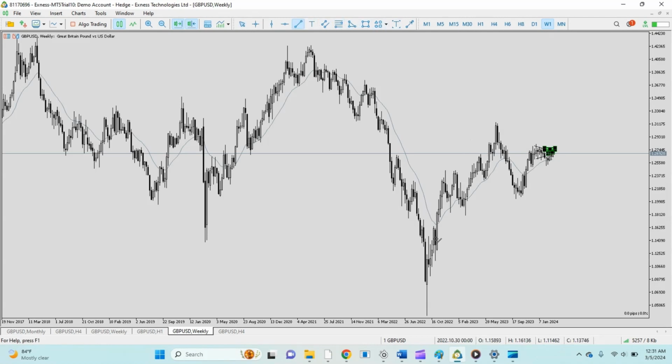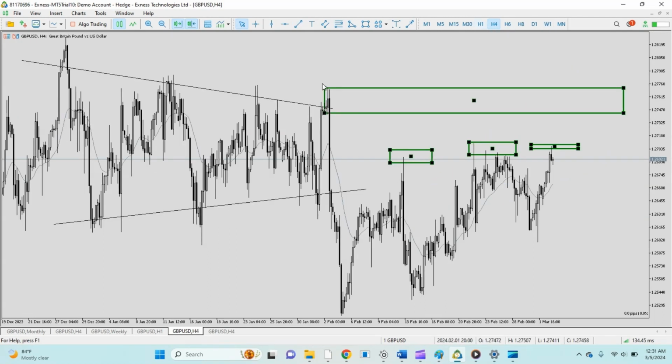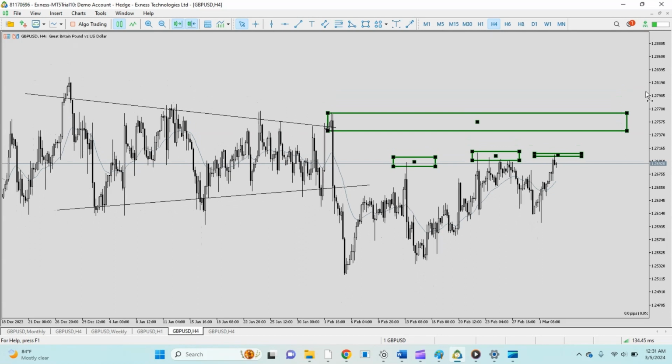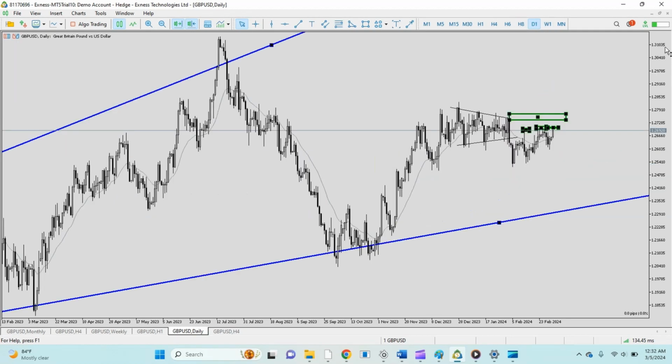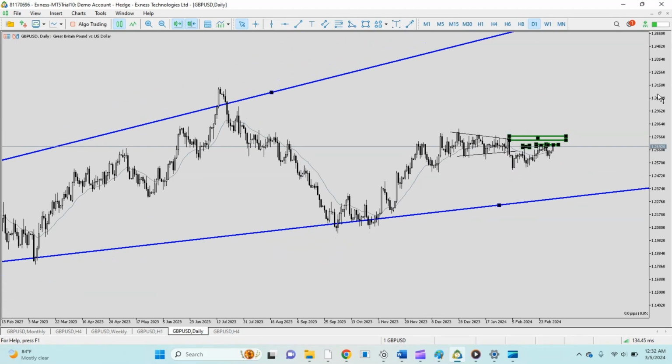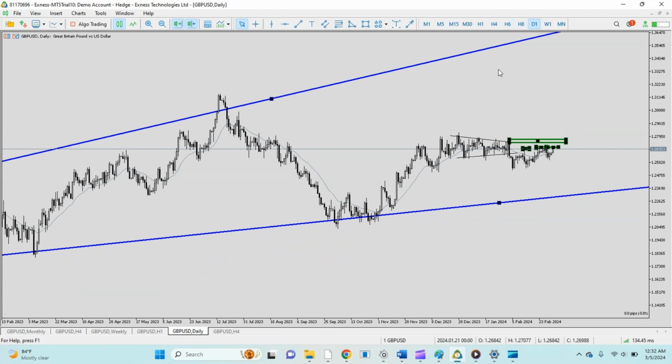see price approaching. Remember that we had a trend line in the weekly. So if we break this demand area and supply area, we are going to approach this trend line.